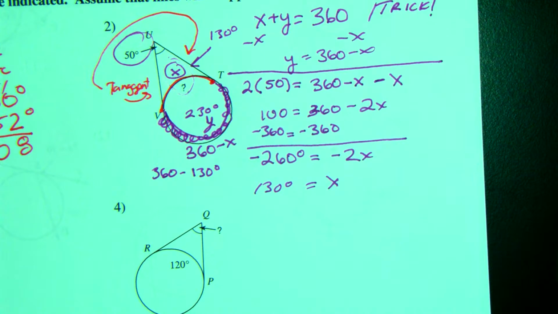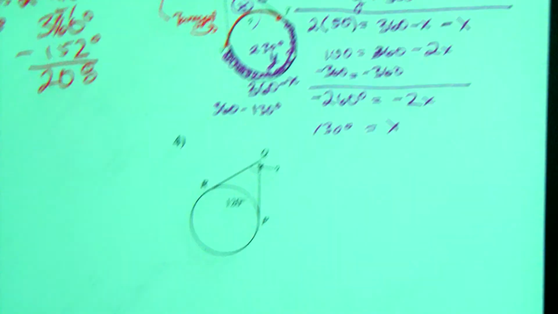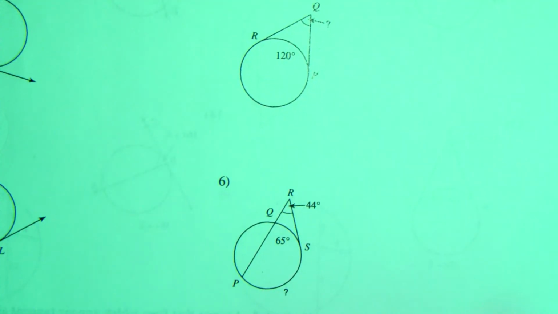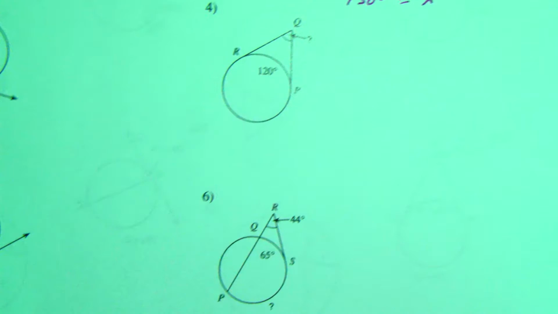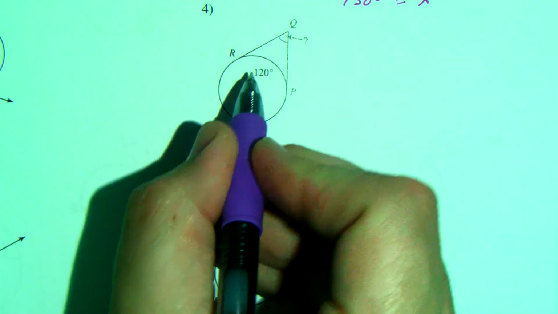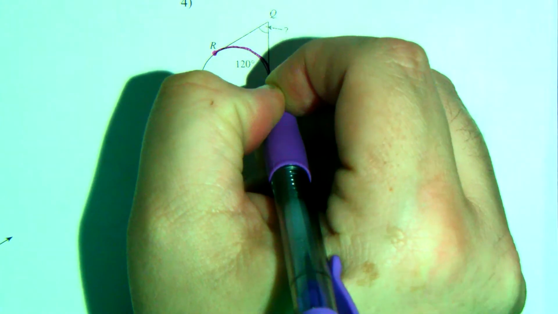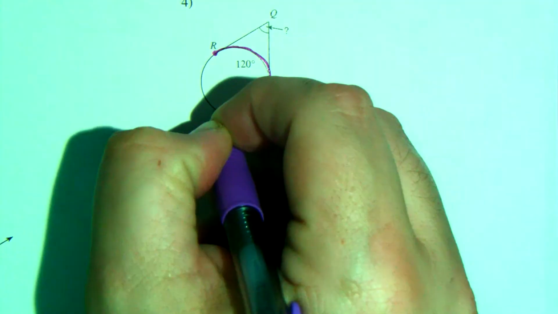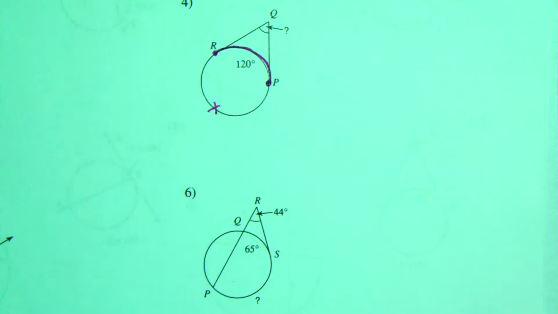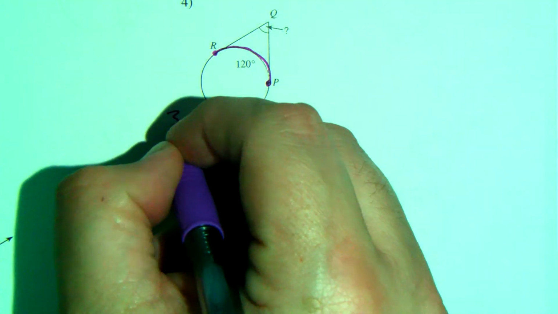Now, the only difference here is, like if I have 120, and that says 120 is this arc right here. How do I figure out what this arc right there is? What's the rest of the circle? 360 minus 120 is 240 degrees.